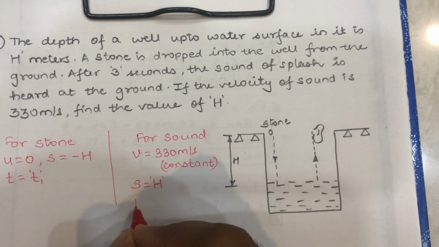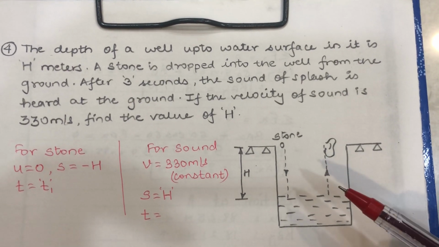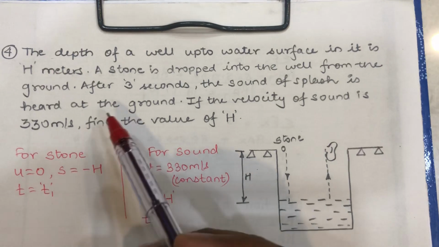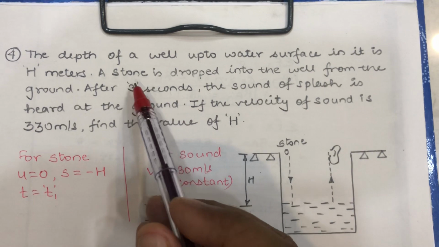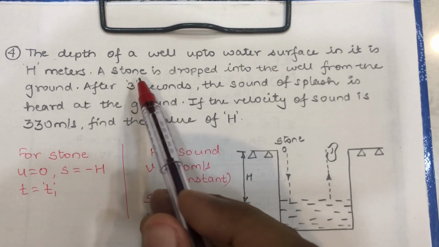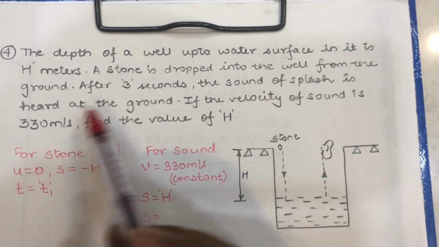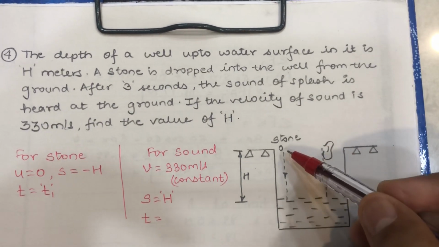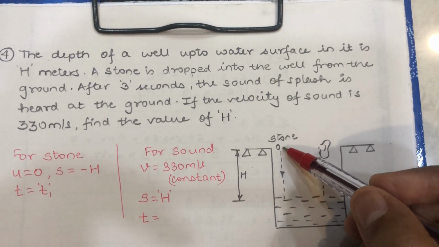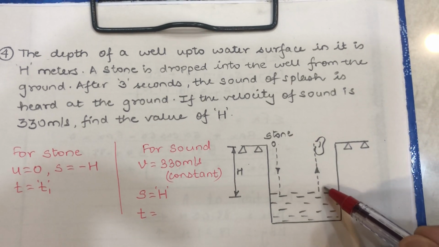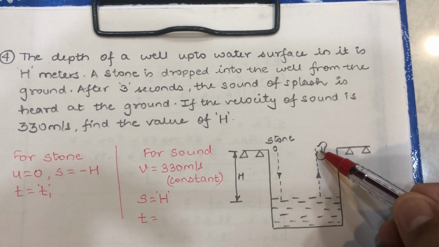Now talking about the time, we have to be a bit careful. The question says that after 3 seconds. After 3 seconds means what? When the stone was dropped, after that, 3 seconds later, the sound of the splash is heard. Starting from here, when the stone was dropped, this time is traveled, and then this time is traveled, and when it has reached here, it has reached after 3 seconds.